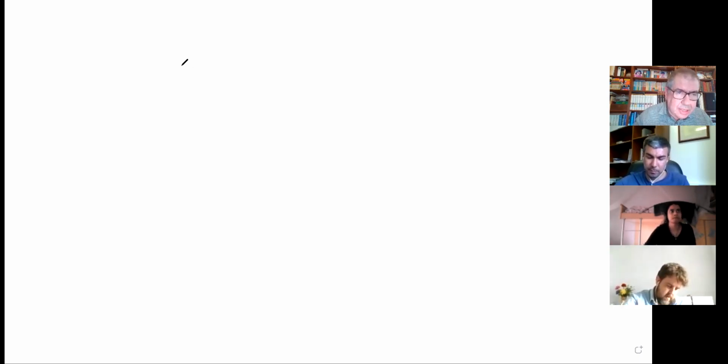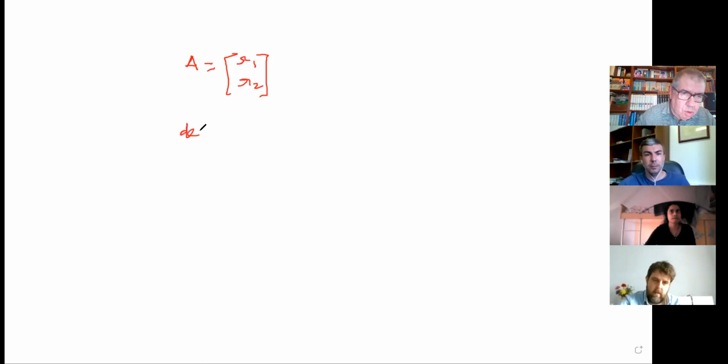You start with a matrix A, and A is row 1, row 2. Now you multiply row 1 by 1/2. So the determinant of A is the determinant of R1 and R2. Now you multiply everything by 1/2.